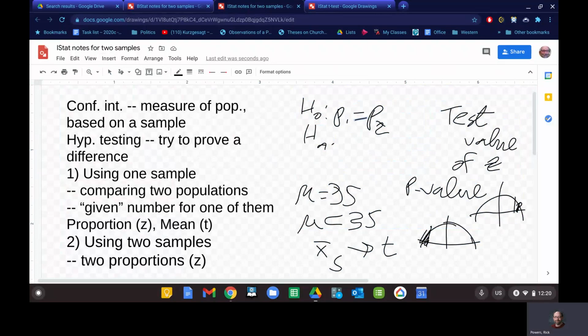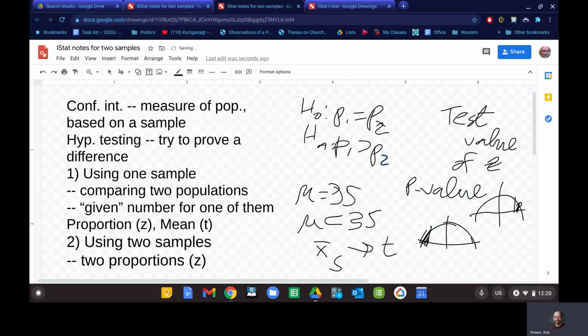Well, I mean, you can argue the fact of Wisconsin being more headache producing than Minnesota. But if you're going to try to prove that, okay, then you would say, all right, I'm going to assume that they are the same. And then I'm going to take samples in order to try to show that this P1 is going to be greater than P2.